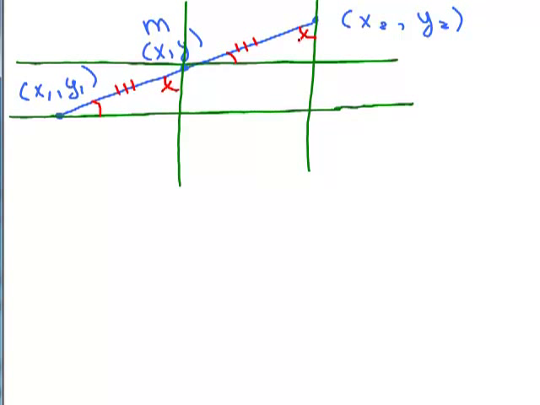We also made two parallel lines in the horizontal direction, and then two parallel lines in the vertical direction, so we actually made a right triangle right here.